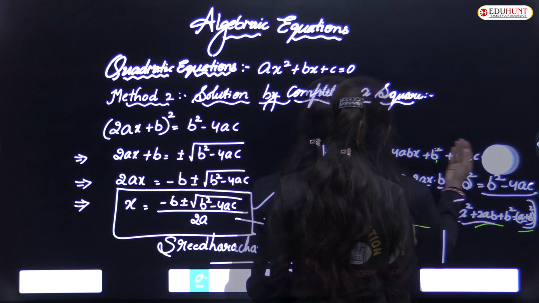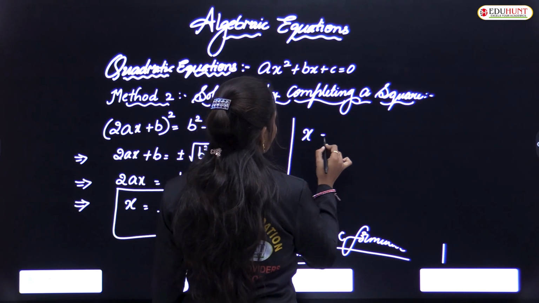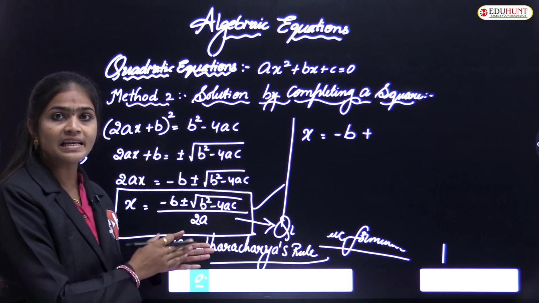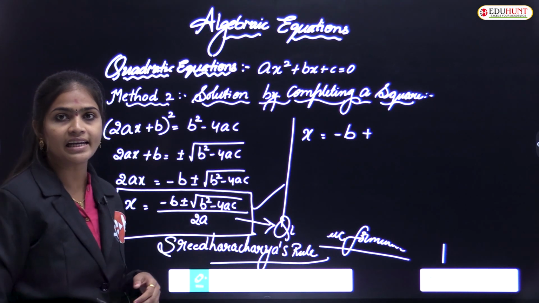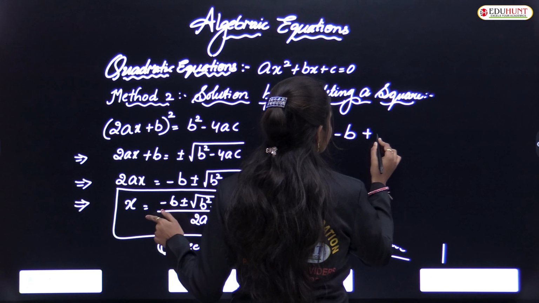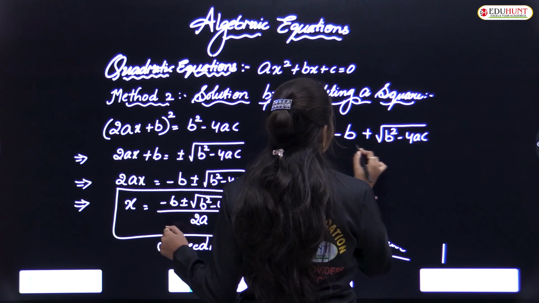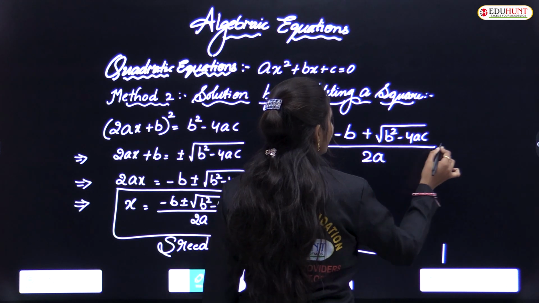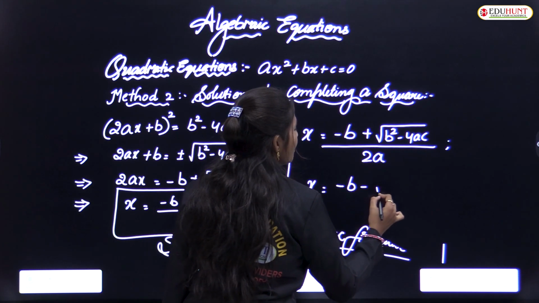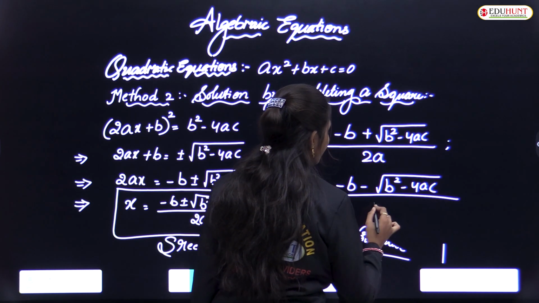See here, we can write this as x equals minus b plus or minus. With plus we will get one root, with minus we will get another root. That is the meaning of this. So x equals minus b plus square root of b square minus 4ac by 2a, and another root is x equals minus b minus square root of b square minus 4ac by 2a.